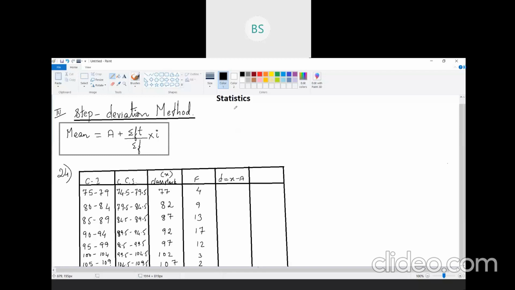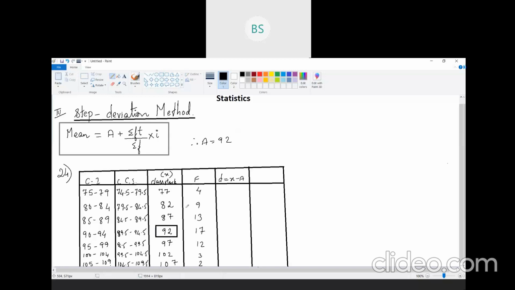Now here, assumed mean: there are 7 class marks, which is an odd number, so we take the center as 92. So assumed mean a is equal to 92.